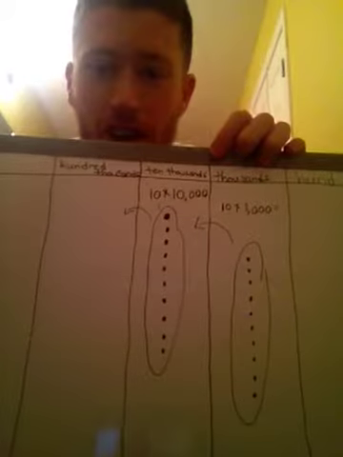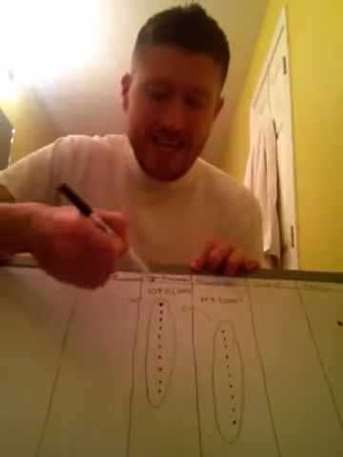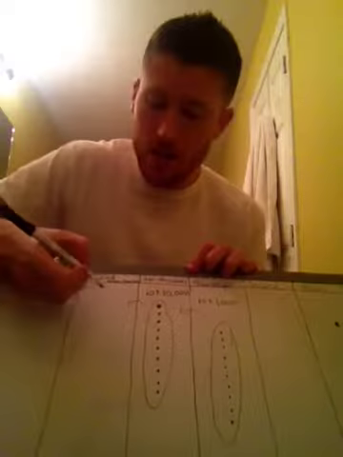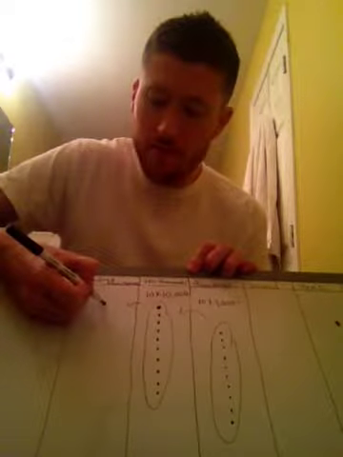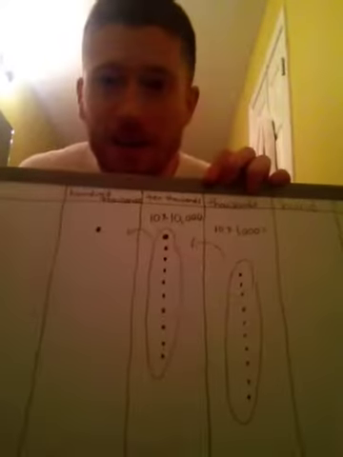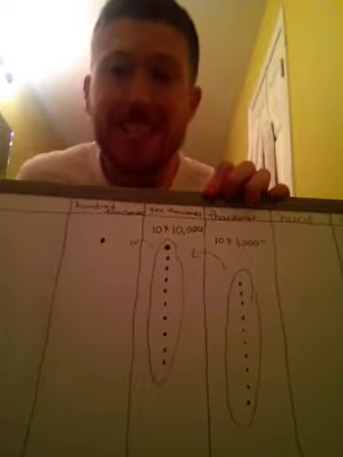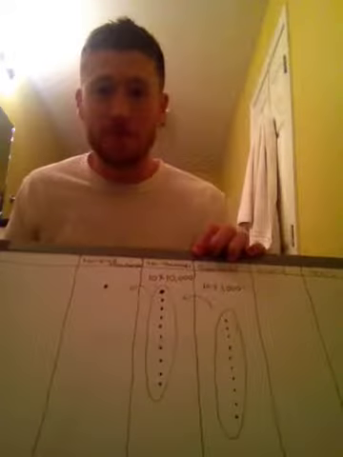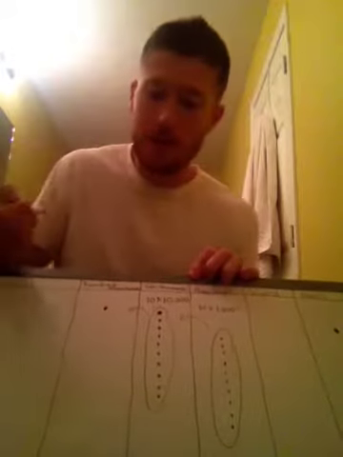So 10 10,000s is the same thing as 100,000. So 100,000 is 10 times as many as 10,000. Just multiplying by 10 again.